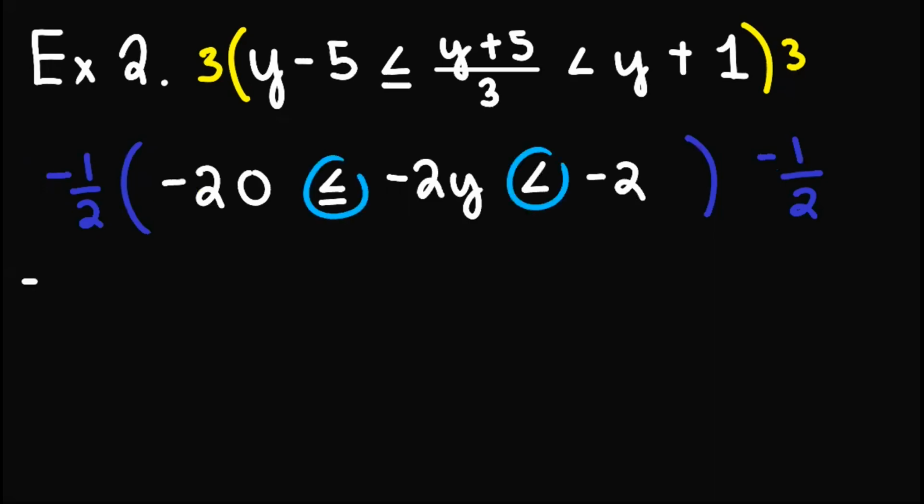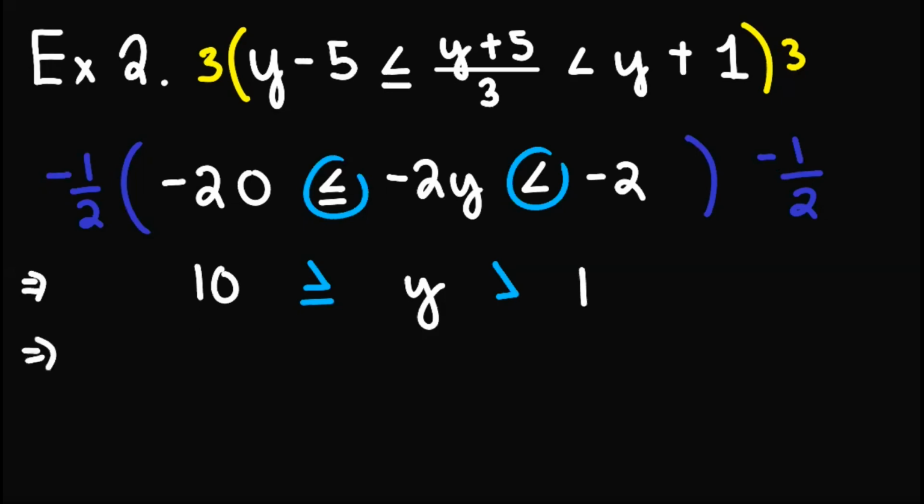So negative 20 times negative 1/2 will be 10, reversing the sign. So we'll have here greater than or equal to, then negative 2y times negative 1/2, that will be y, and reversing the sign. And on the last one, negative 2 times negative 1/2 will be 1.